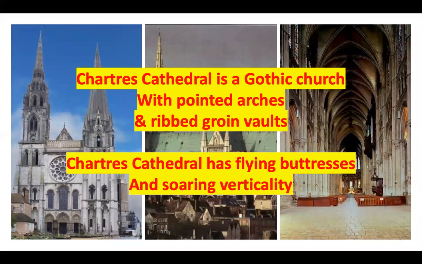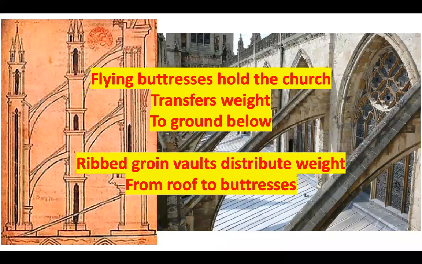Chartres Cathedral is a Gothic church with pointed arches and ribbed groin vaults. Chartres Cathedral has flying buttresses and soaring verticality. Flying buttresses hold the church, transferring weight to the ground below.